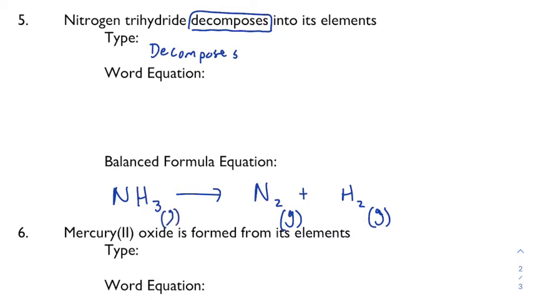So in balancing, let's start with our hydrogens. We would put a 3, and then a 2, and then, look at that, we already balanced the nitrogen. So it is balanced. In writing the word equation, I'm going to give you the full word equation without copying from up here.